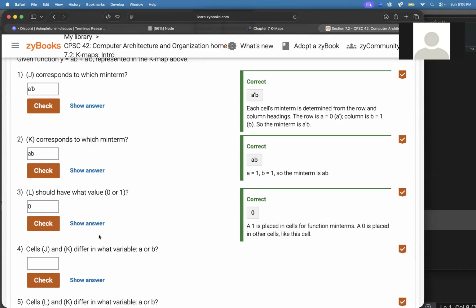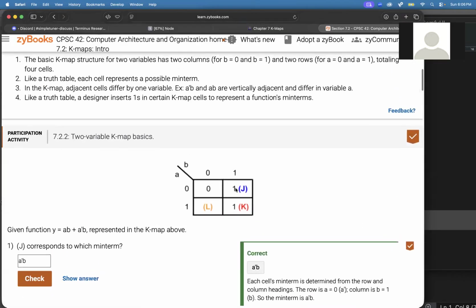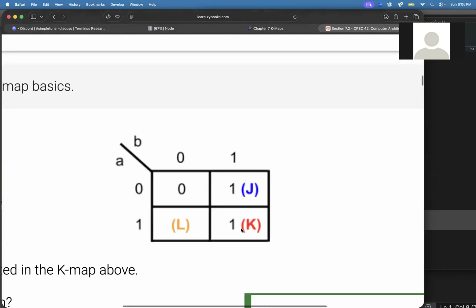Cells J and K differ in what variable? They want to know what variable differs here. When you see that B is 1 here, that means B is 1 in this entire column. So if B is 1 in this entire column, B is not changing. So what is changing? A, because this row is A equals 0, and the bottom row is A equals 1.